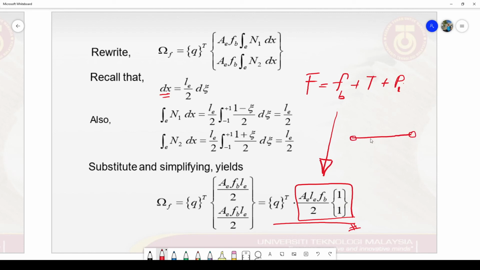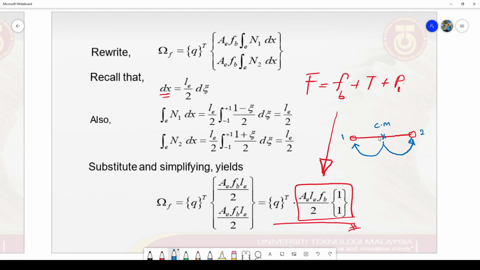In this body force, we can imagine that for one element, the body force will always act at the center of mass or the center of gravity. For whatever mass is contained at the center of gravity, in the finite element method we have to translate this force into the equivalent nodal force.